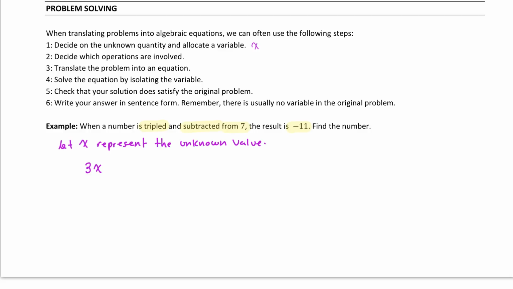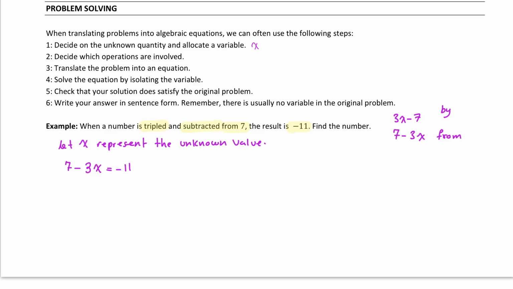So you would have to write 3x minus 7 if the keyword of by was used. But since the keyword is subtracted from 7, that means it's 7 minus 3x. So 3x is being subtracted from the value of 7. So this is the keyword from. So the equation becomes 7 minus 3x. The result is negative 11.